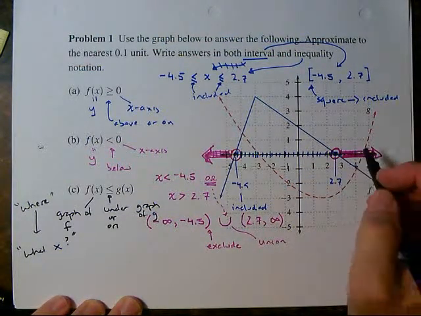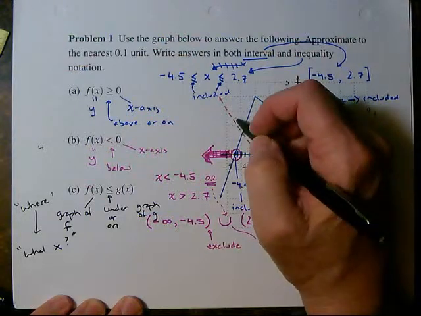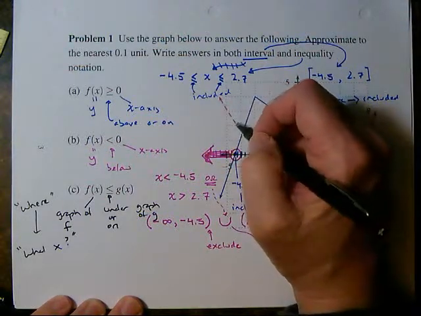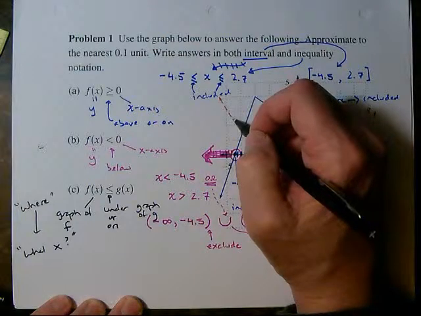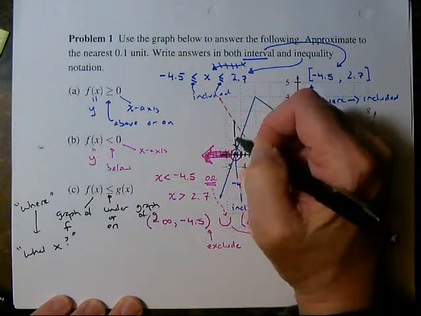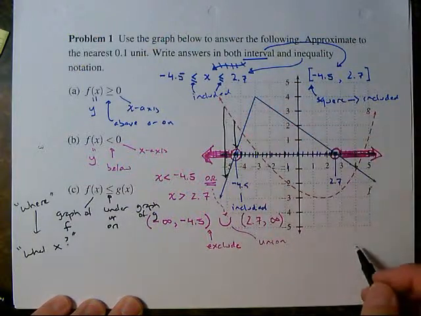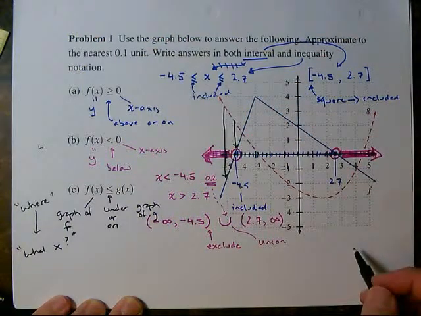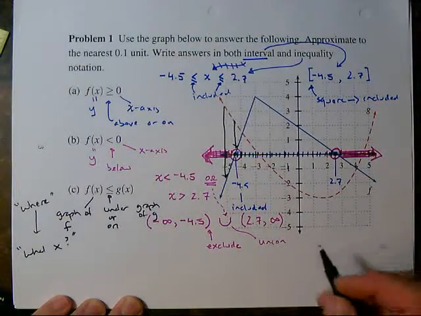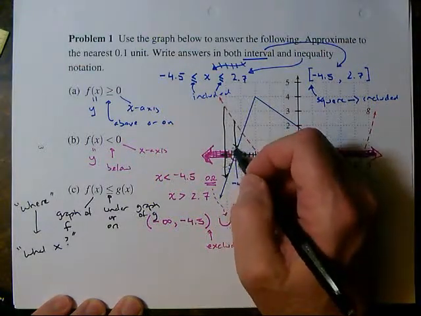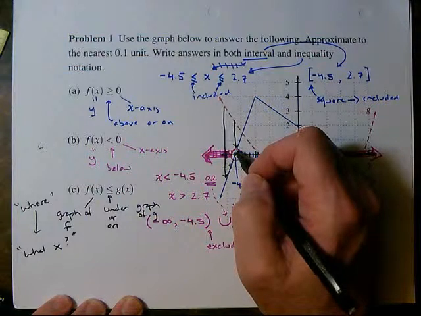So f of x, that's the solid straightish graph, is below the graph of g here. So here's the graph of g. Below means I can draw a line vertically from the top graph down to the bottom graph. That's what it means for one graph to be below the other.